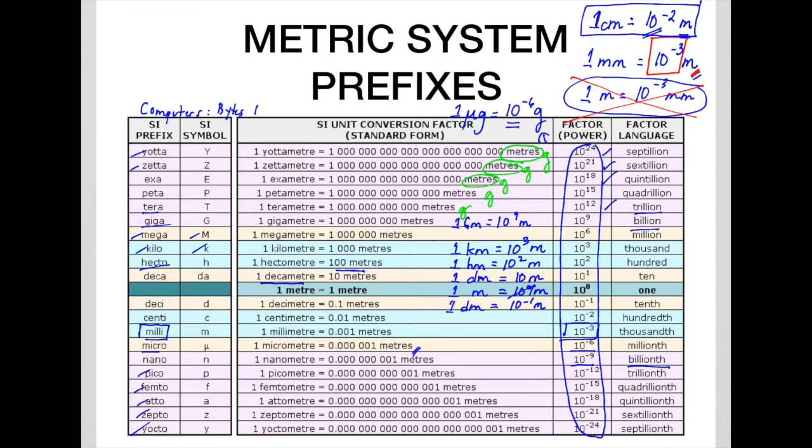So if I have here 1 gigabyte, I could say that is equivalent to 10 raised to, what is giga? Giga is 9. So 10 raised to 9 bytes.